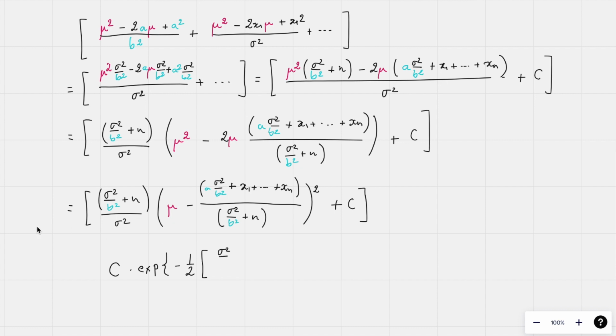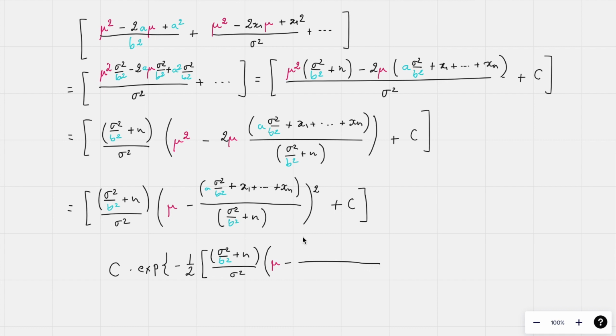Sigma squared divided by b squared plus n, divided by sigma squared, and then times mu minus this big term here.